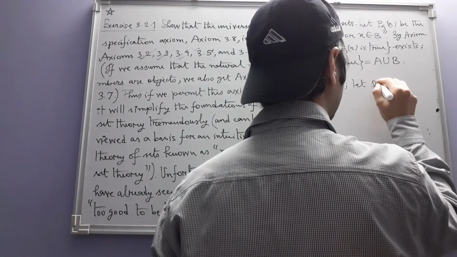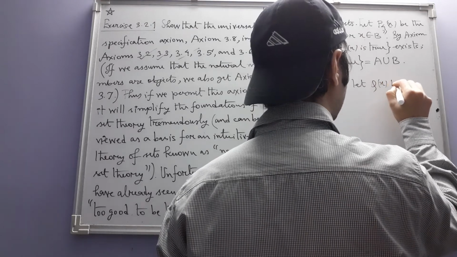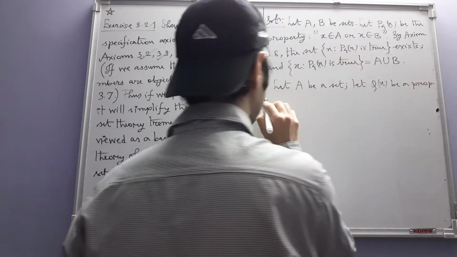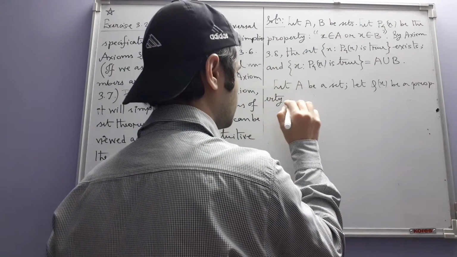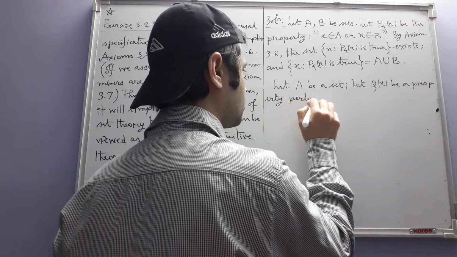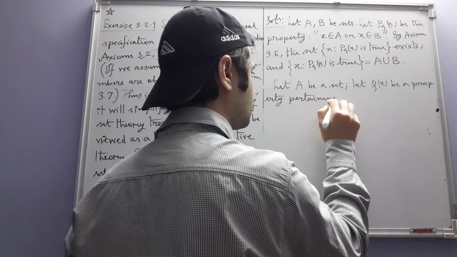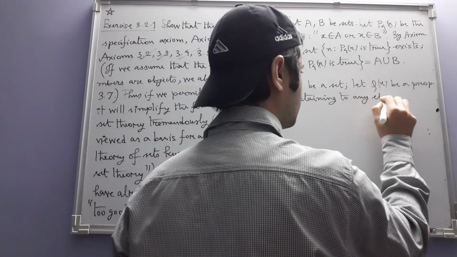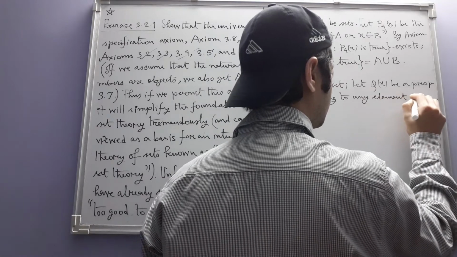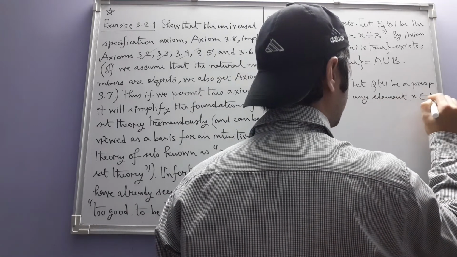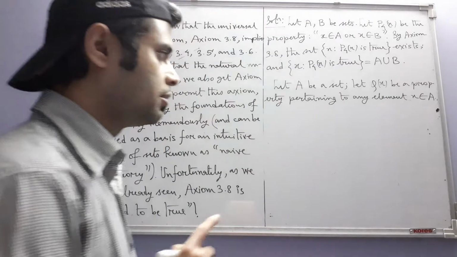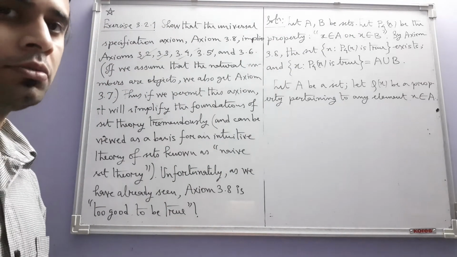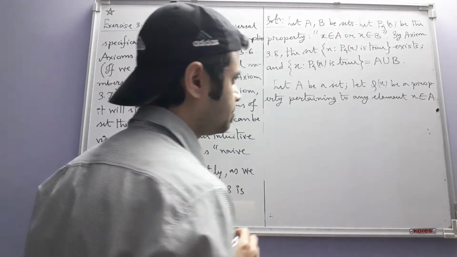Let Qx be a property pertaining to any element x in A. That is, for a given element x in A, Qx is either true or false as a statement.